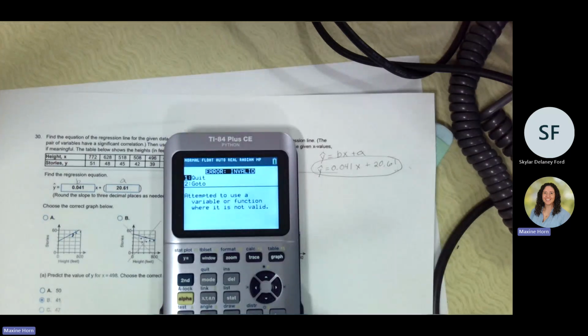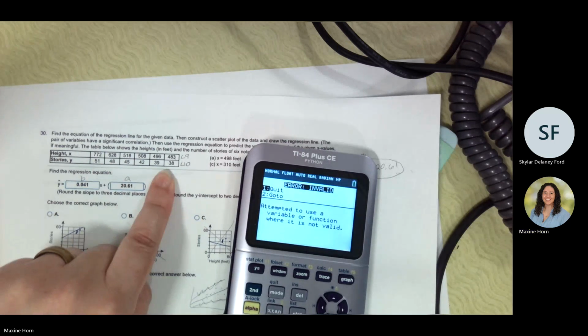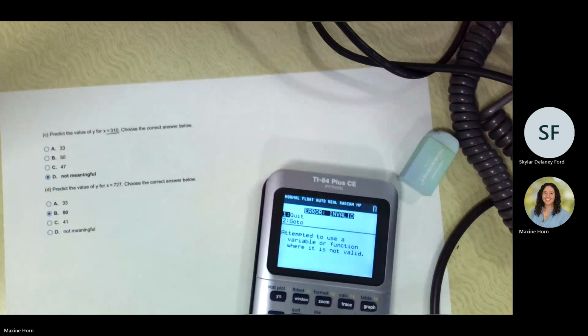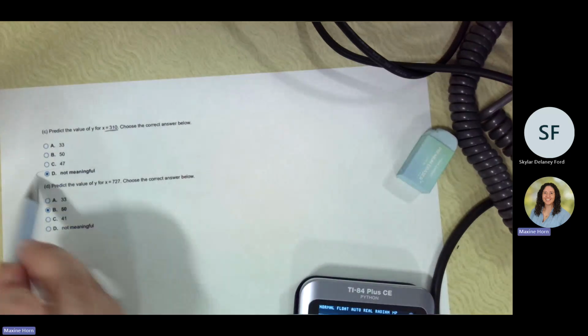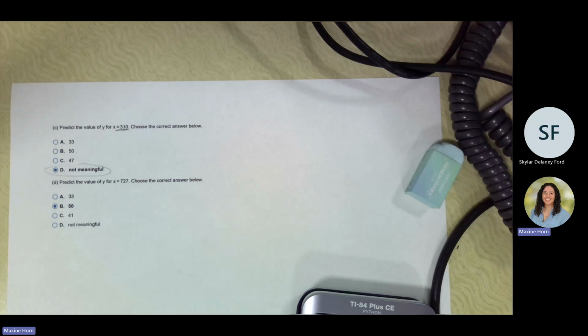So that's why it's giving me an error: it's way too far away from the ordered pairs you gave me. It's not meaningful. We can't draw meaningful conclusions about something so far away.